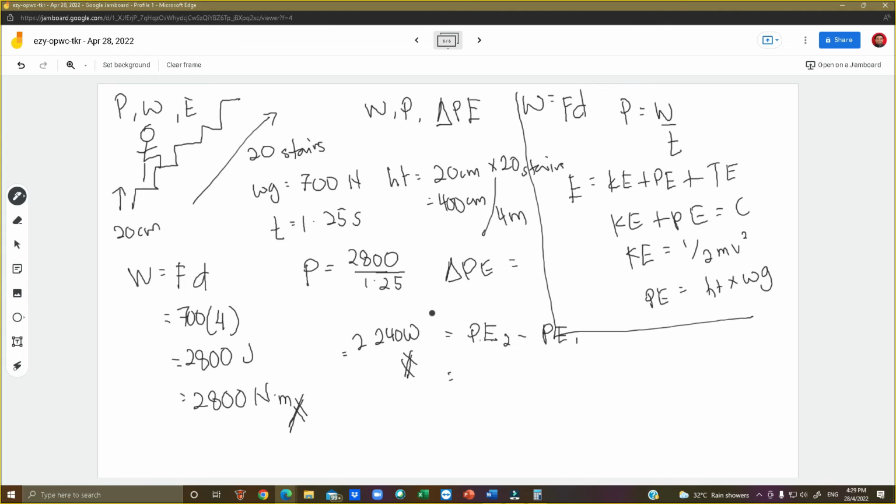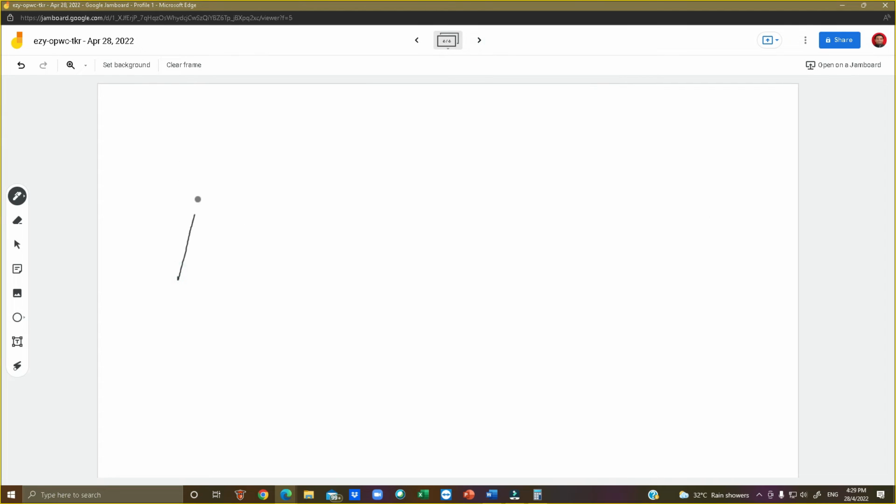Bila kita nak cerita potential energy ni, tolong ingat balik what we have learned earlier. We know that based on the concept of mechanical energy conservation, potential energy is maximum at the apex, and potential energy is zero at the starting and also at the end.